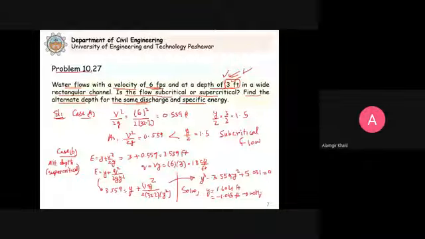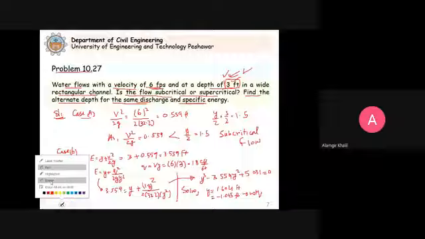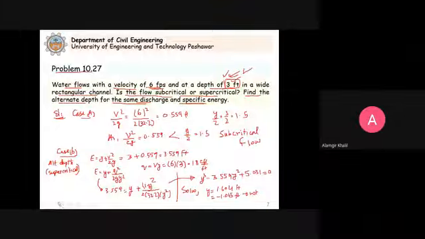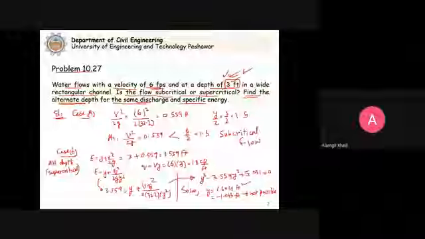So the correct answer is this one here, the alternate depth, 1.604 feet. This is our solution to part B of the question. You can see it is less than 3 feet, so this is the supercritical depth for the same discharge and the same specific energy.